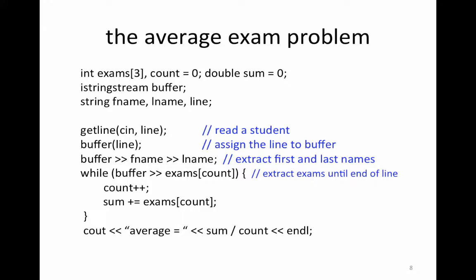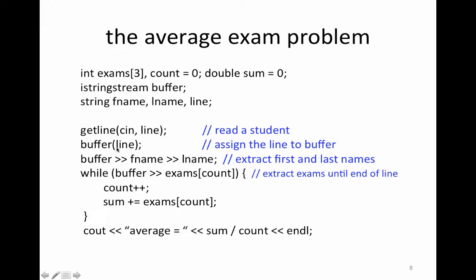So here's how I use the iStringstream object to solve my exam problem. I start by declaring an array of size 3 because that's the maximum number of exams I'll read, and some other variables. I declare iStringstream buffer, and then strings to hold my first name, last name, and a line. So I read a line.